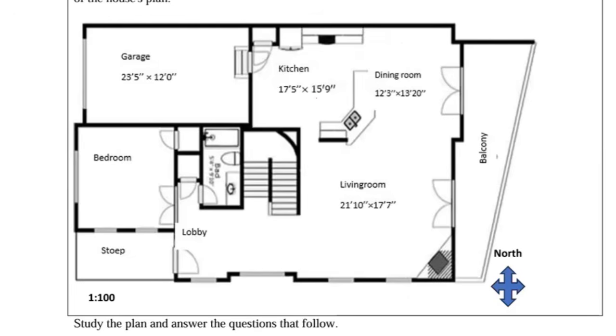How many doors are visible on the plan? Let's see. We have 1, then there's 2, 4, 5, 6, 7, 8, 9, 10. So 10. Then if you count this as 2s, that means 10. Then this other one will be 11.